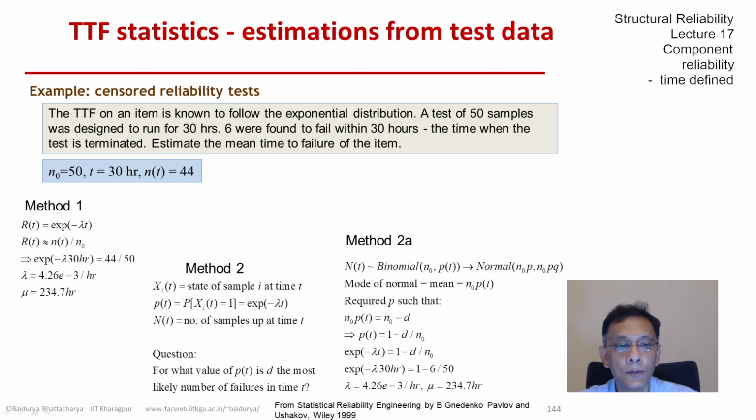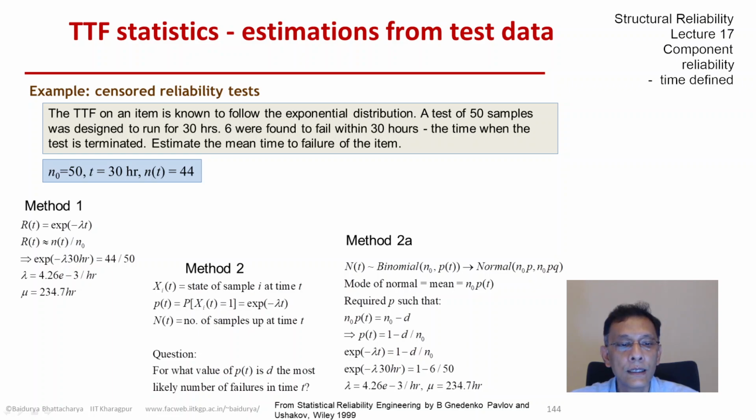So whether we equate the reliability or whether we say that what is the value of lambda that would make d the most likely value observed of failures, gives me the same answer.